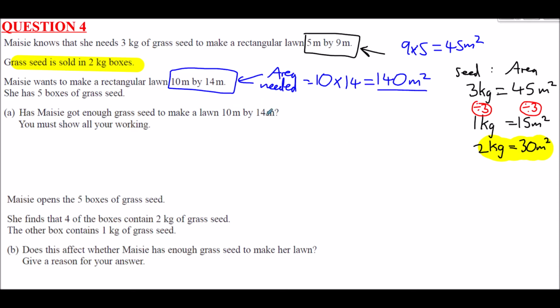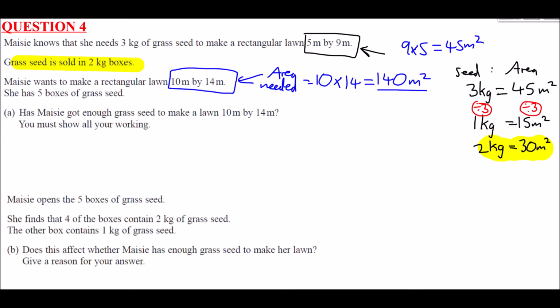So we've practically done most of this working now. So work out how much can be made in terms of each box. So we've done that. Each 2 kilogram box is enough for 30 square meters. We now have worked out what area she needs, which is 140 square meters.